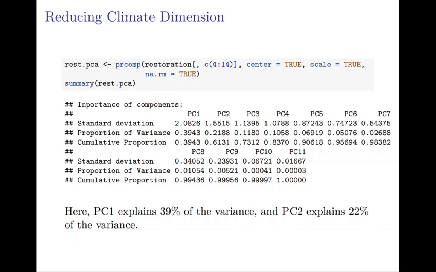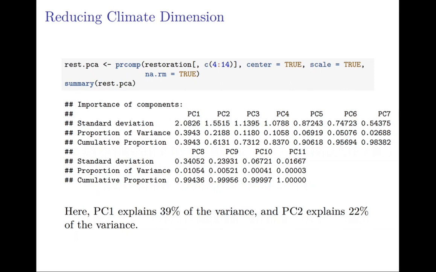This also applies for PCoA or NMDS, but we're going to be focusing on PCA here because that's what they did in the paper. So we can use the prcomp function with your restoration data set, and the columns 4 through 14, which relate to the weather. And don't forget, you want to center and scale those variables. And then here's the summary of all 11 PC axes.